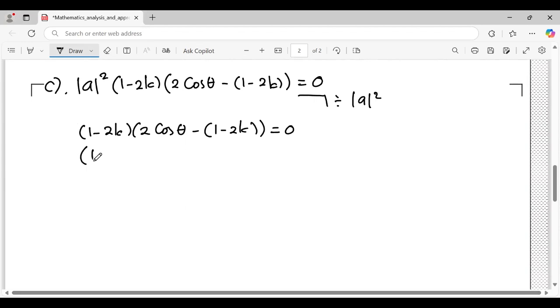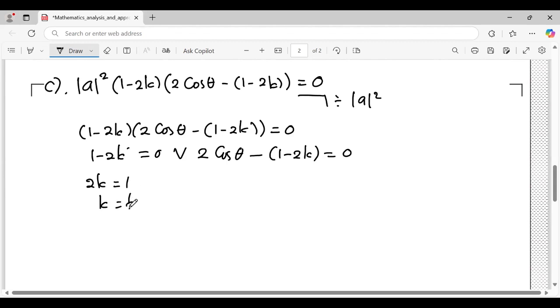that 1 minus 2K equals 0, or 2 cosine theta minus 1 minus 2K equals 0. For the left-hand side, 2K equals 1, K equals 1 half. So we are not using this solution.